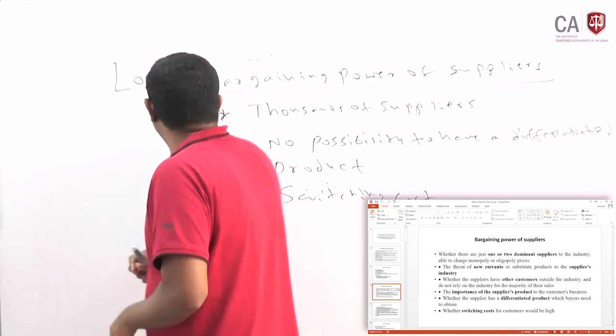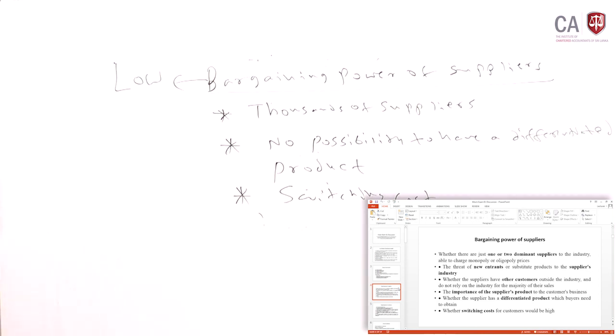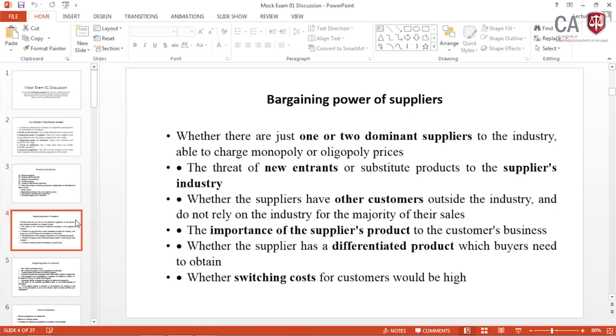Here also I believe bargaining power of suppliers is also low. Right. Then we will look at the next one.